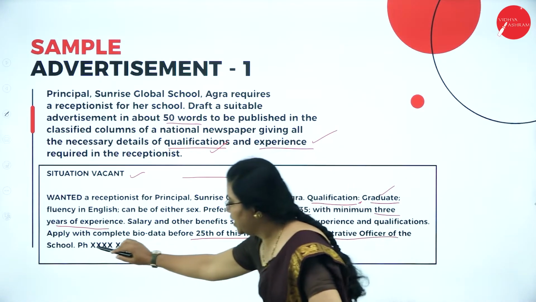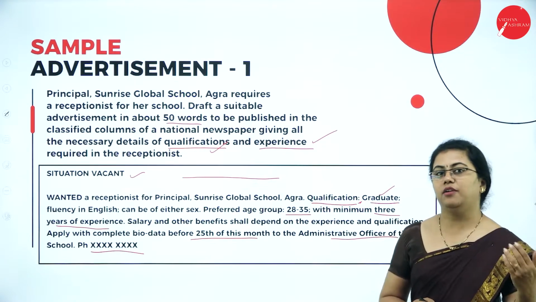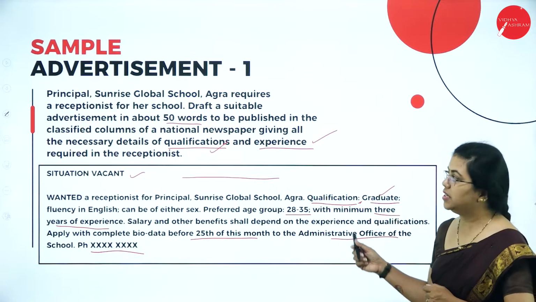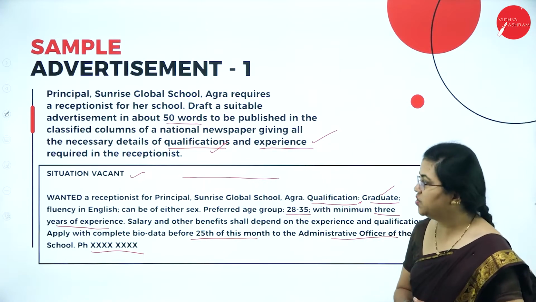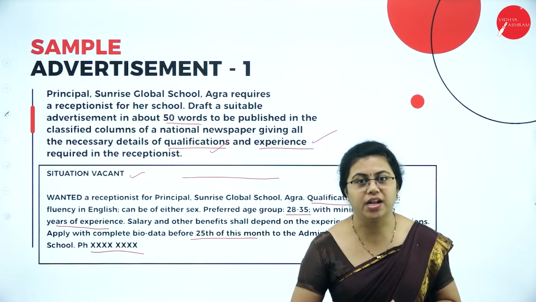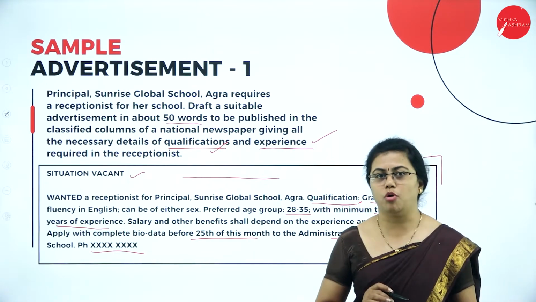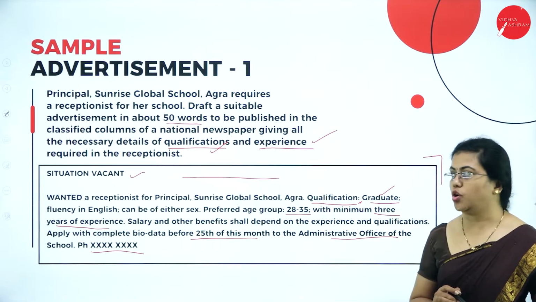You are specifying the phone number also. That person may call and find out. If not, that person can just write to Administrative Officer, Sunrise Global School, Agra. This way you need to write a classified advertisement, and I have also enclosed it in the box. So this was one of the samples that we saw.